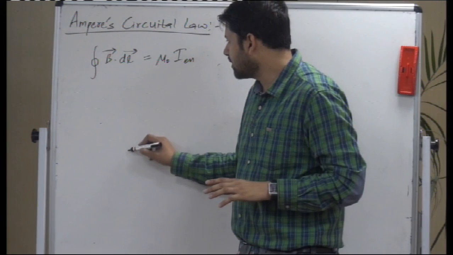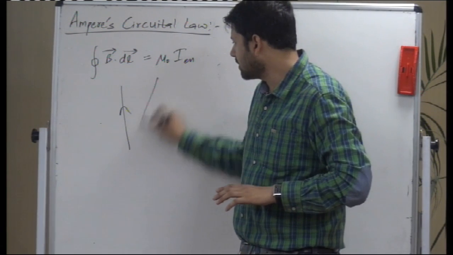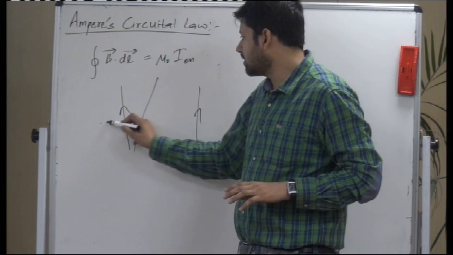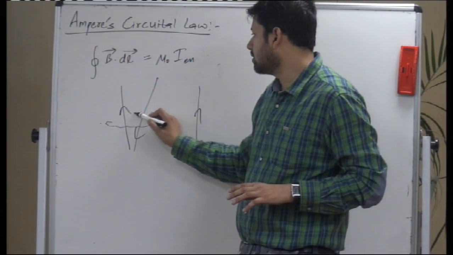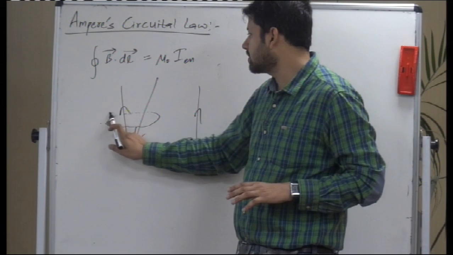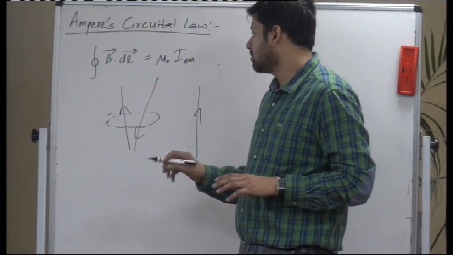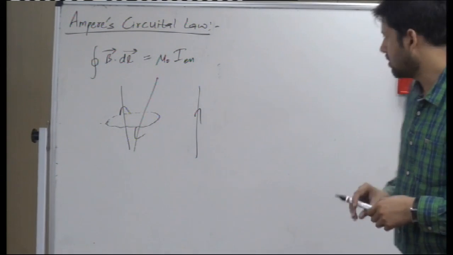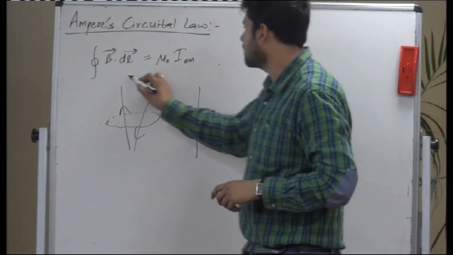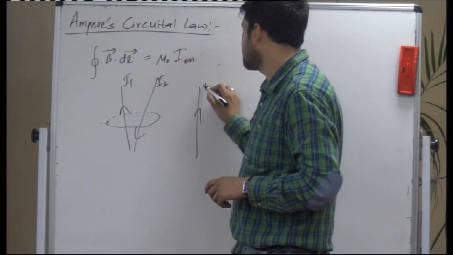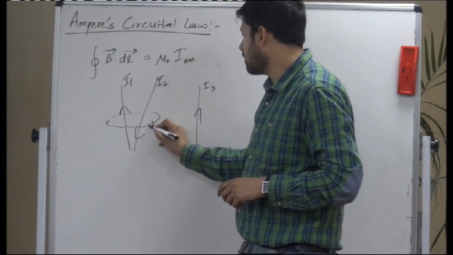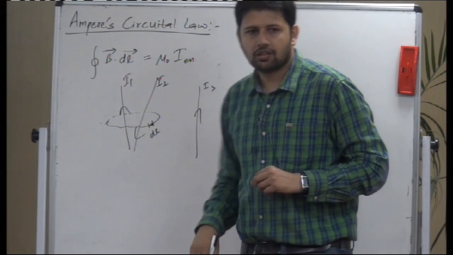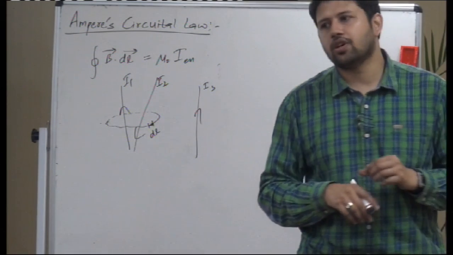Let's say we have some current going like this, some current going like this, some current like this. And this is an imaginary loop which surrounds the wires, the currents I1, I2, I3. So how do you calculate the line integral? Take a small element dl. The direction is upon your choice.